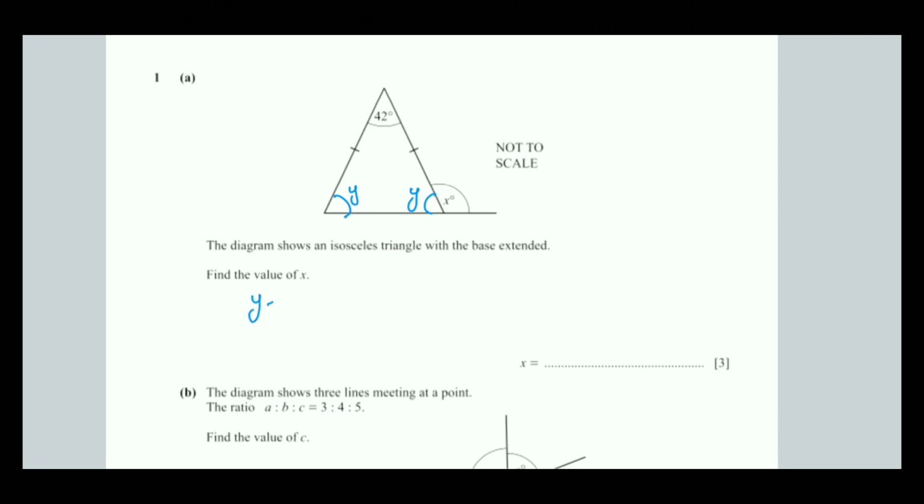All of you know that the angle sum of a triangle is 180 degrees. So y plus y plus 42 is equal to 180. 2y plus 42 is equal to 180. 2y is equal to 180 minus 42. So 180 minus 42 is 138.